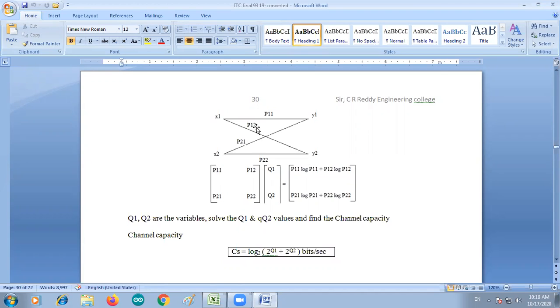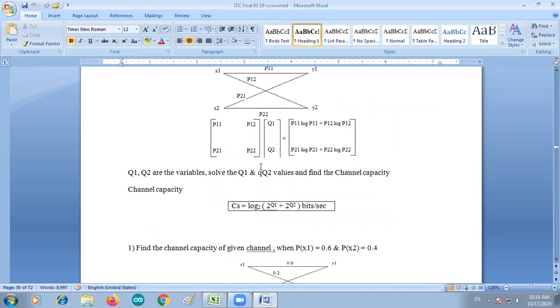So now you can arrange the channel matrix like this: P11, P12, P21, P22. Q1, Q2 are the constants here.